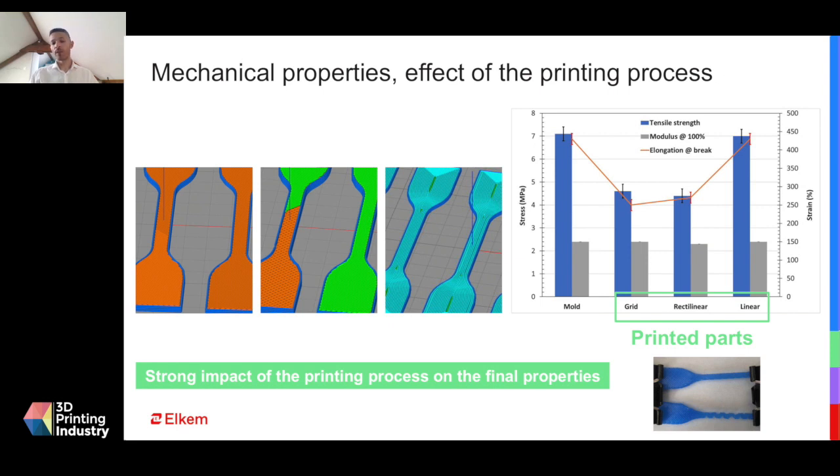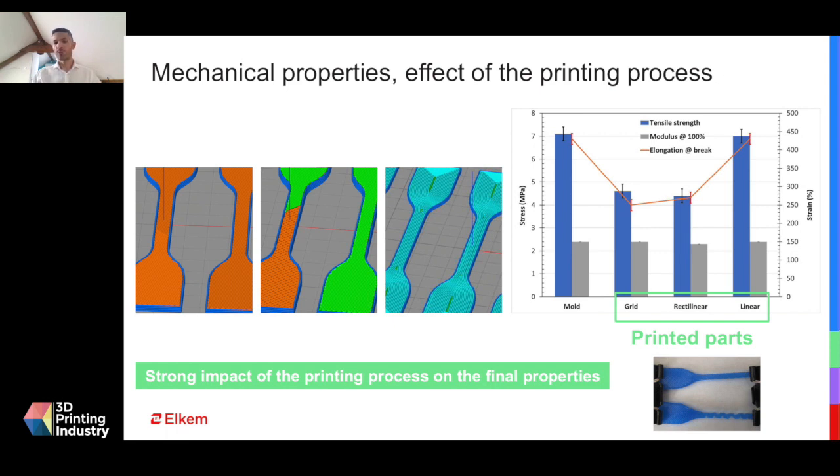You can see on the graph on the right, in blue, the tensile strength at break and the modulus at 100% elongation, and the elongation at break in orange. As you can see, the printing process has a strong impact on these results.